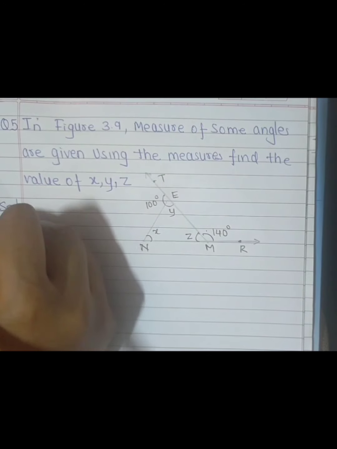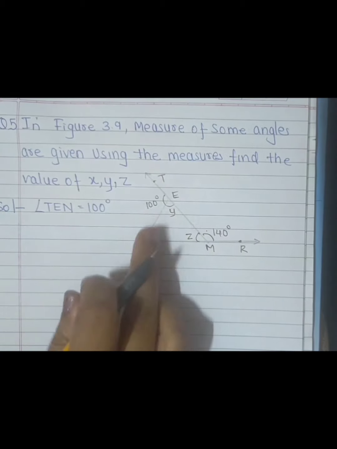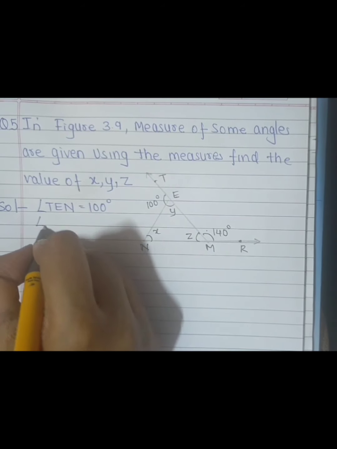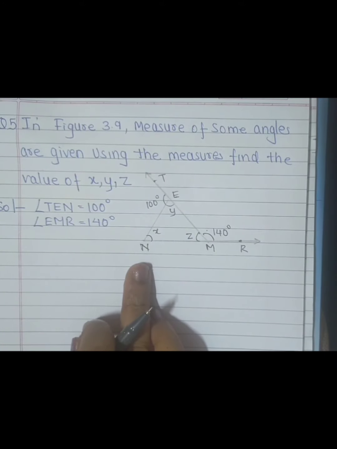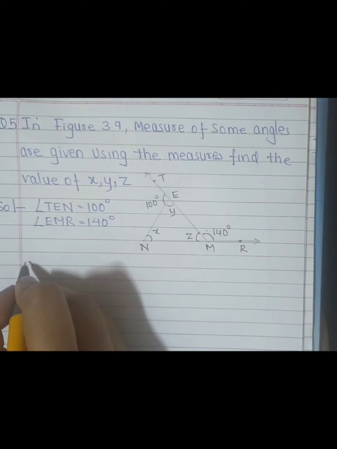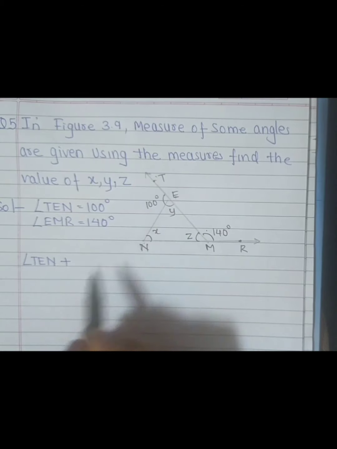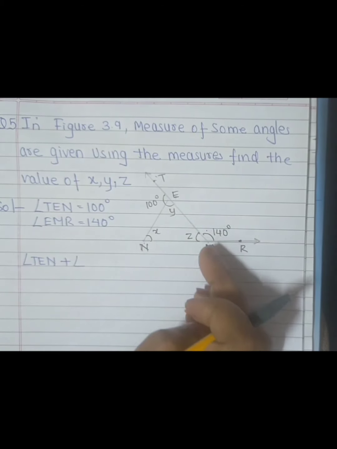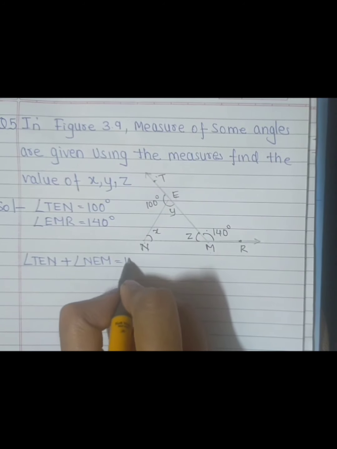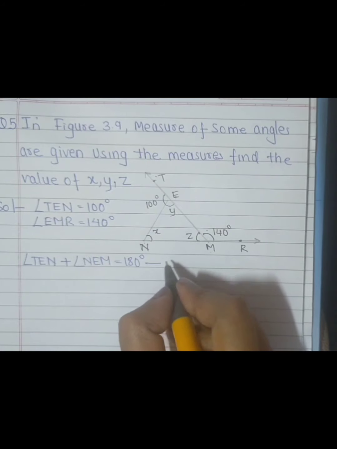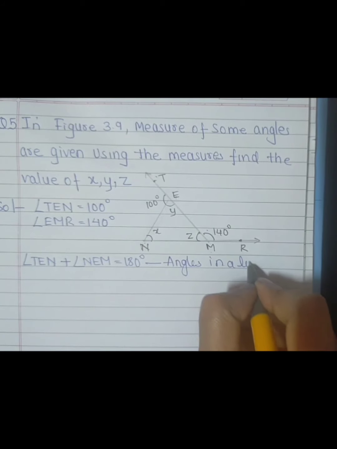So I'm writing here, angle TEN is equal to 100 degree. Now angle EMR is equal to 140 degree. Now we write angle TEN plus angle NEM equal to 180 degree. Why? Because of angles in a linear pair.